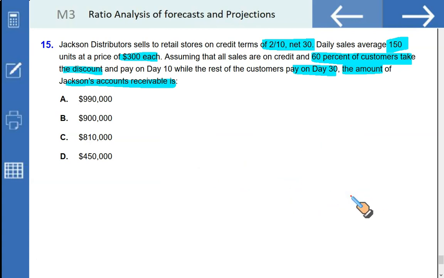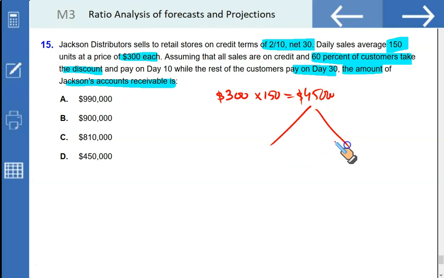So this was the method given in the suggested solution. You can find another way to do it in a quicker way. You sell $300 per item and you sell 150 items each day, which means your daily sales is 300 multiplied by 150. That is $45,000. $45,000 is what you sell every day.